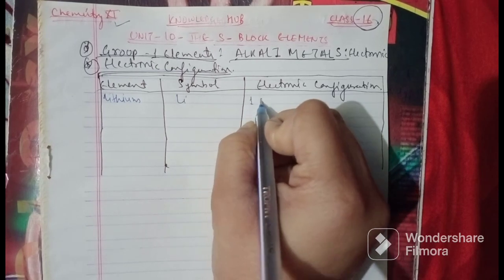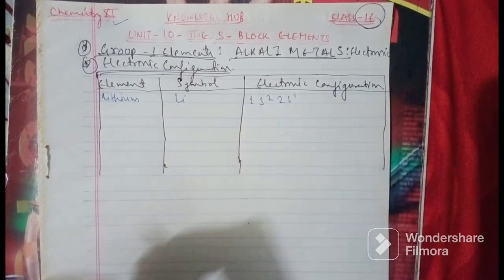The electronic configuration is 1s2, 2s1.